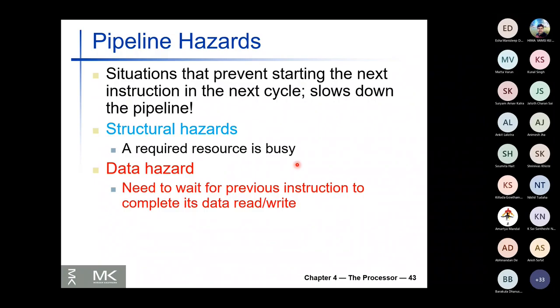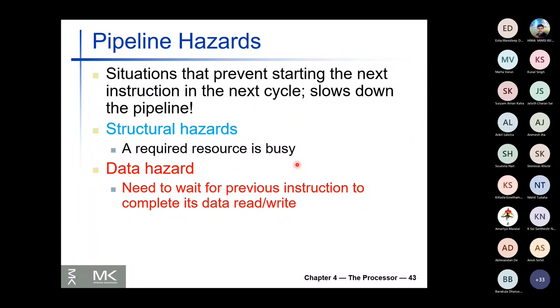Another very important kind of hazard. I mean, you are waiting for something, but it's not yet ready. So cache miss. Actually, with a cache miss you have to wait, but in computer architecture, a cache miss is not considered a pipeline hazard. I will explain later why.